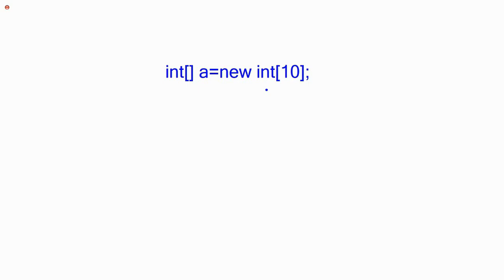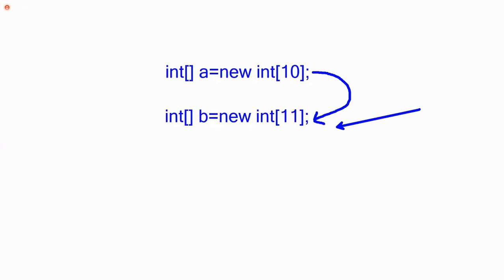When the 11th element comes, they'll create one more array with 11 elements. These 10 elements they'll copy here, and the 11th element also they'll add. Then this array they'll delete.